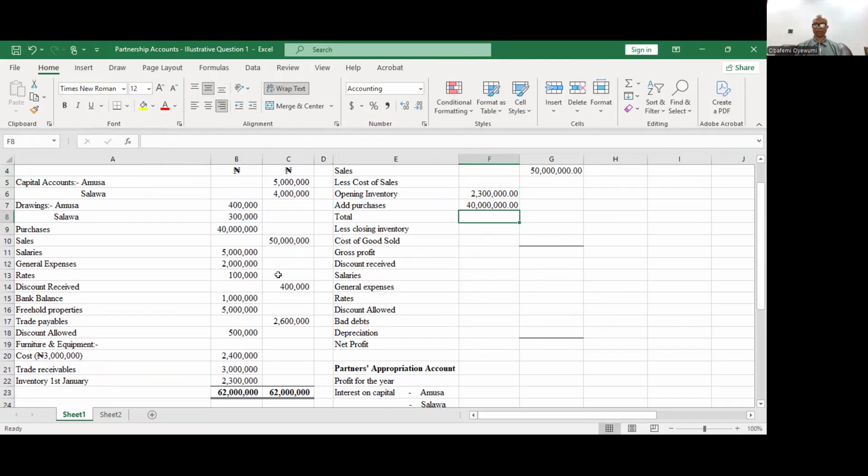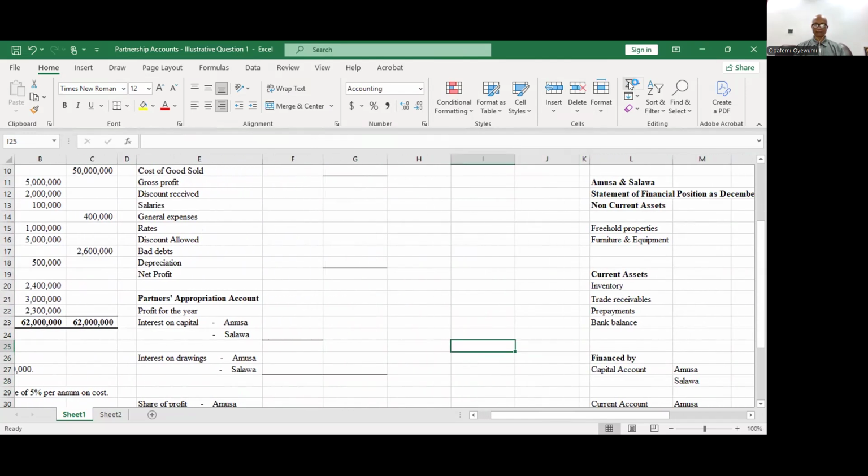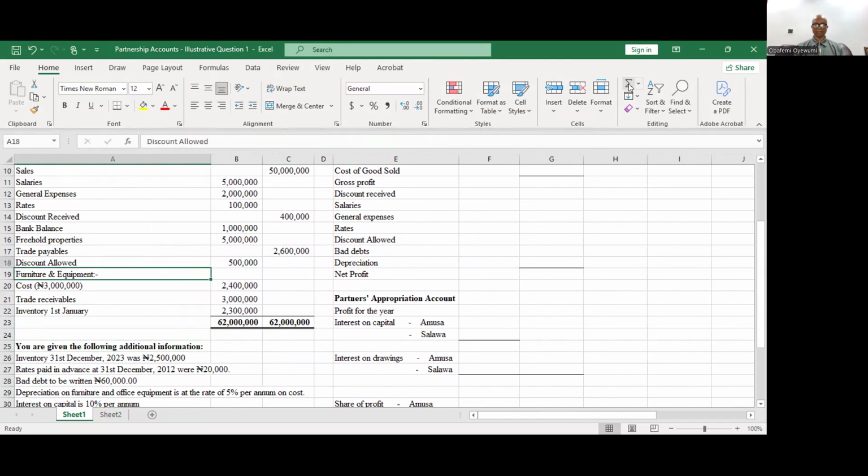Total. Let's put everything together, and then we arrive at the figure of 42 million, 300,000. Now, the closing inventory. In your additional information, you see the closing inventory there, and that's what we have here: 2.5 million naira is our closing inventory.